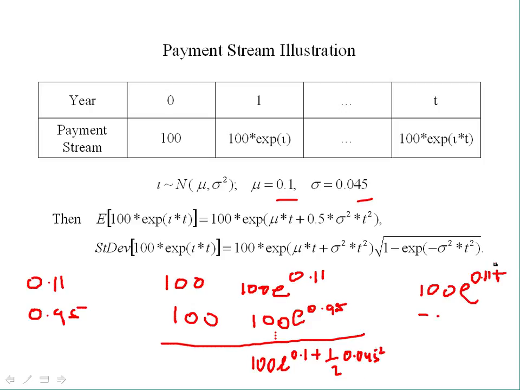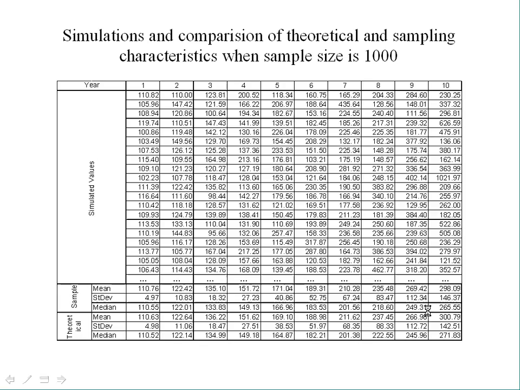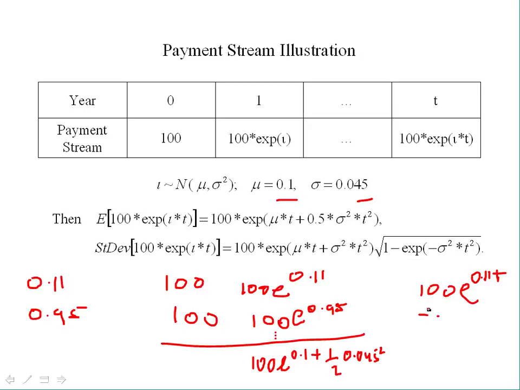And of course over here it'll be 100 e to the 0.11 t plus a half sigma squared t squared. And that's what we've done here just as an example. So parameter uncertainty increases the mean, it also increases the standard deviation. So if the average is the same, 10%, the more fluctuation there is in that particular inflation rate, the more you'll pay out on the average.